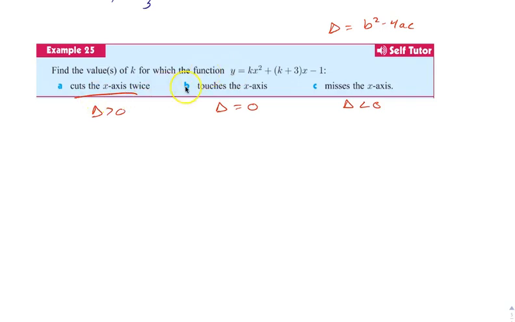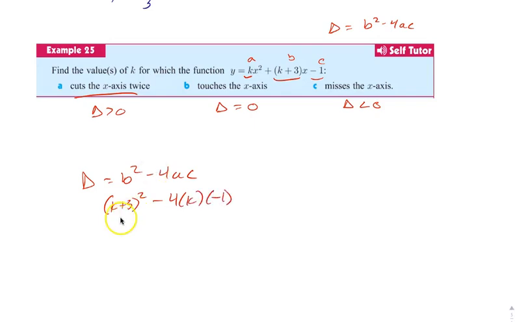Anyway, in this case, it's already in standard form, so you just identify your a, b, and c. My a is the thing next to my x squared. This is my b, and this is my c. So literally, let's just find it. My b squared is k plus 3 squared, minus 4 times a, which is k, times c, which is negative 1. Right here, I can't be lazy.